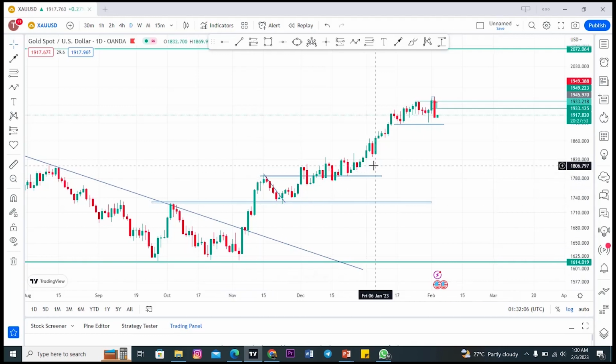From the daily time frame, we all know that gold has been bullish since the beginning of this year. Gold keeps pushing to the upside. So basically the higher time frame is saying gold is pushing to the upside.